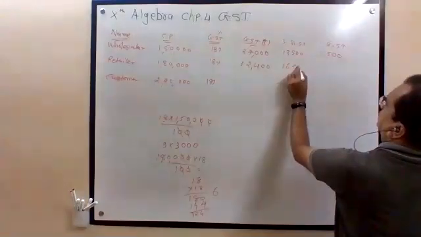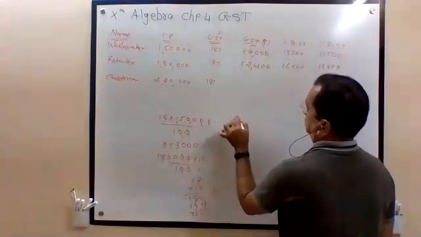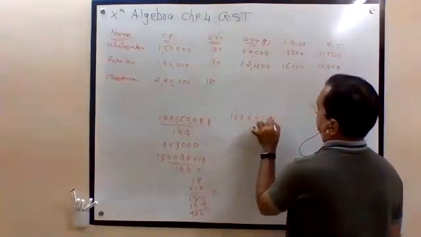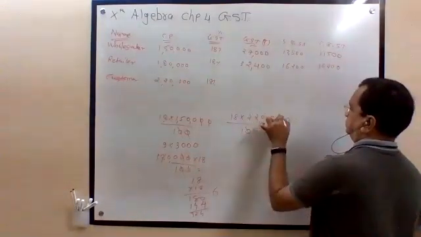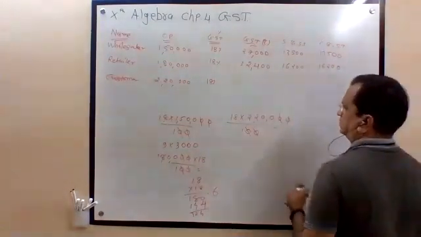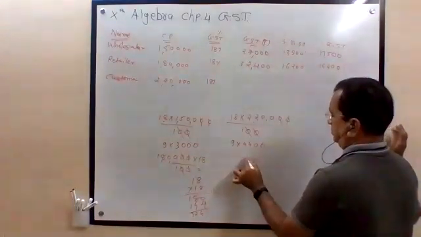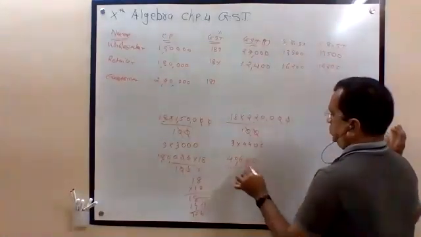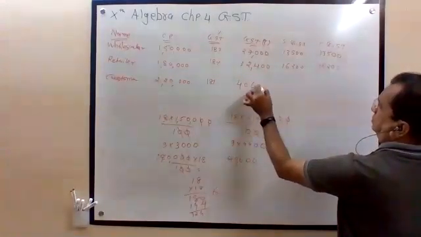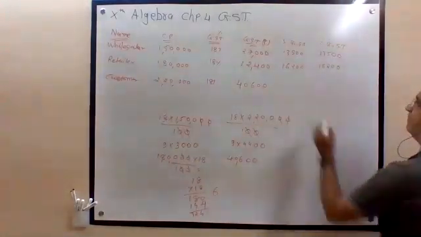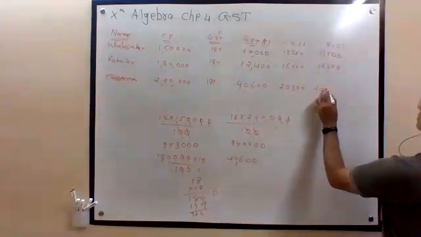Half, 18,000. 18% of 2,20,000. Half, double. 50,600. So 20,300.